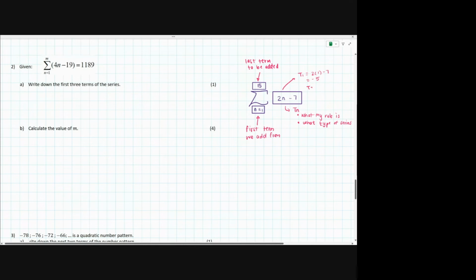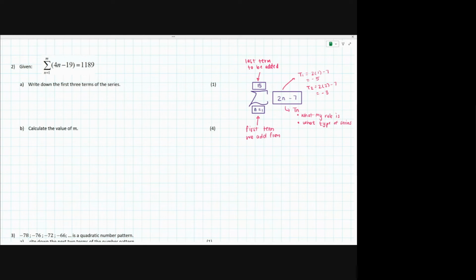I know that term 2 is equal to 2 times 2 minus 7, which is negative 3, etc., etc. And what that means is you can start to get an idea of what your series is. So sigma notation tells you that you are adding a specific series from term whatever to term whatever, top, bottom. That gives you which terms you're adding of a specific series. So those are your elements to sigma notation.